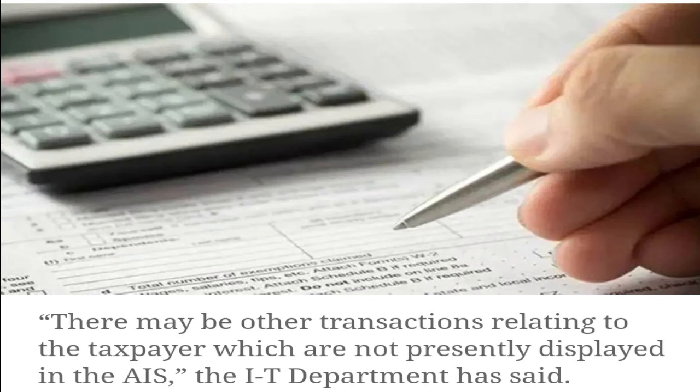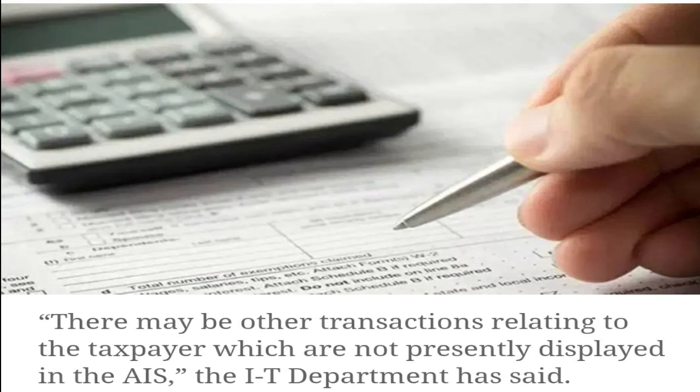The department has said it also has access to information beyond what is being shown in the AIS, which will help tax authorities to assess the taxpayer's profile comprehensively and reduce the scope of evasion. The department has offered the convenience of feedback, which will ensure correction of any anomaly before a taxpayer files their returns. The ability to submit online feedback will help remove any duplicate and incorrect transaction.